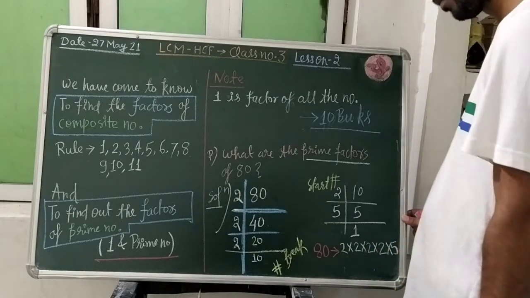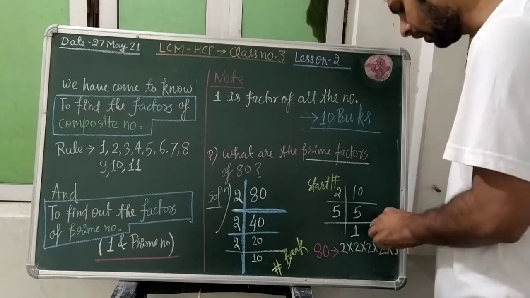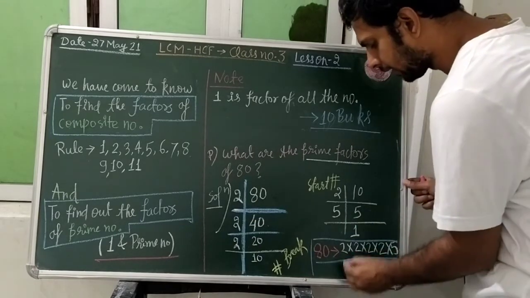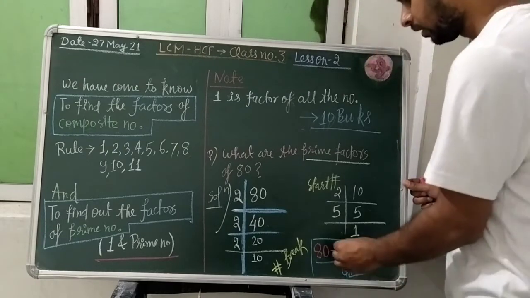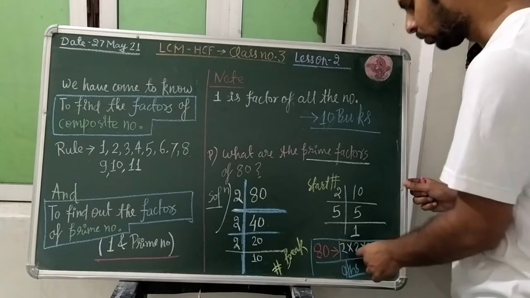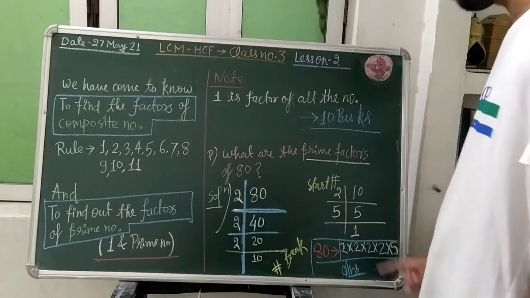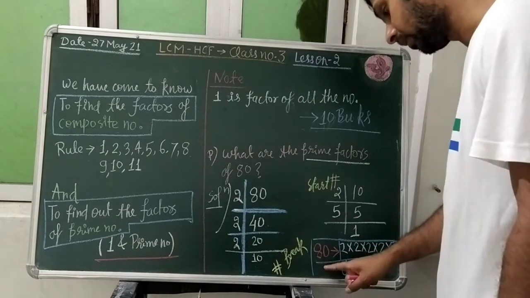Okay students? So this will be your solution of this problem, and this 2 into 2 into 2 into 2 into 5 will be the prime factors of 80.